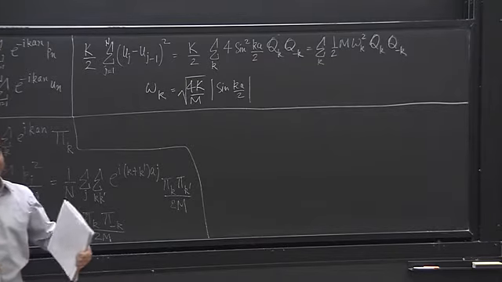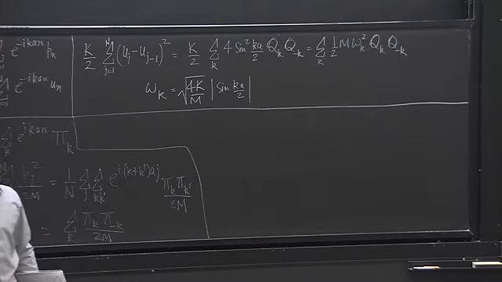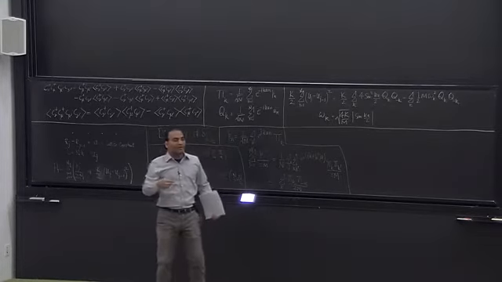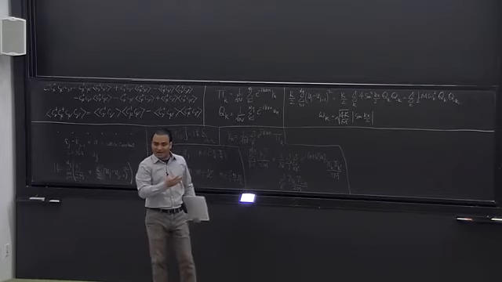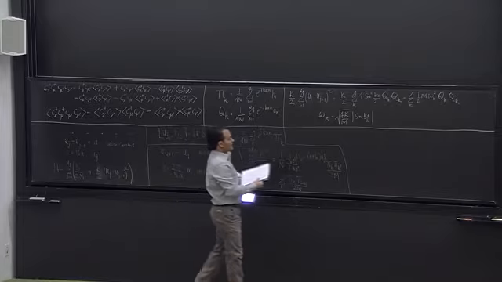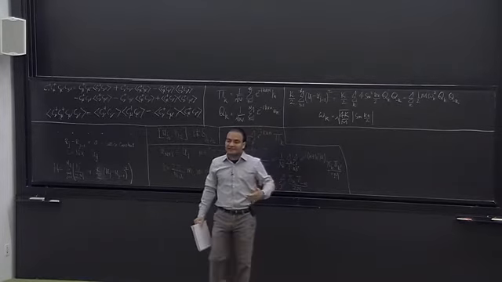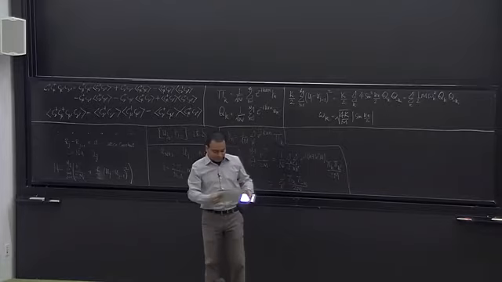If you have a symmetric system such that k and minus k states are symmetric, and if you break this symmetry, you could have some implications. If there are some implications, you would see this in the commutation relations.